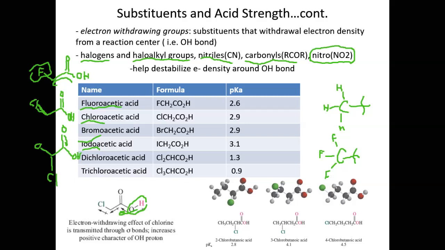So just by adding an extra withdrawing group, we can remove a lot of electron density away from that reaction center. Since we added 2, a lot of electron density is being removed. Now let's say we want to add 3 chlorine groups.